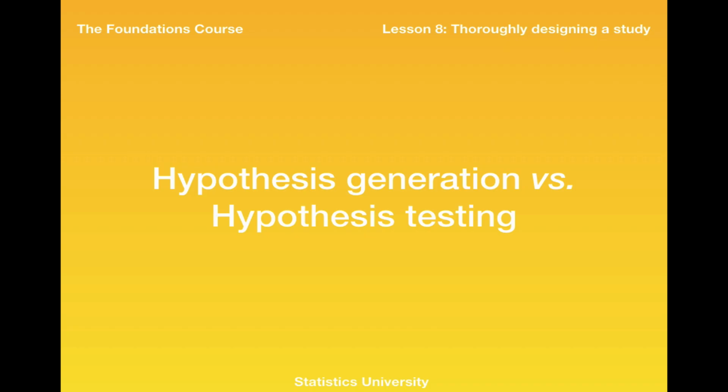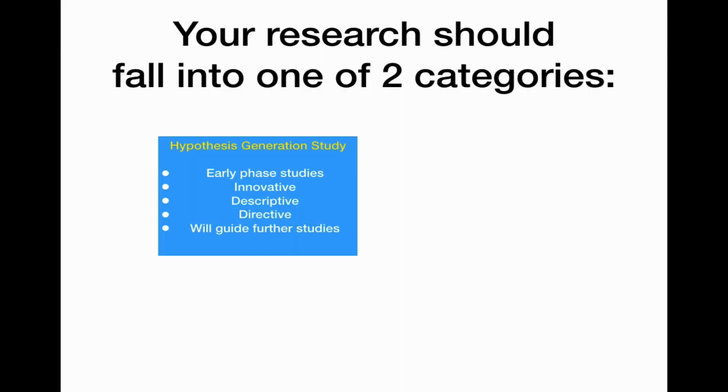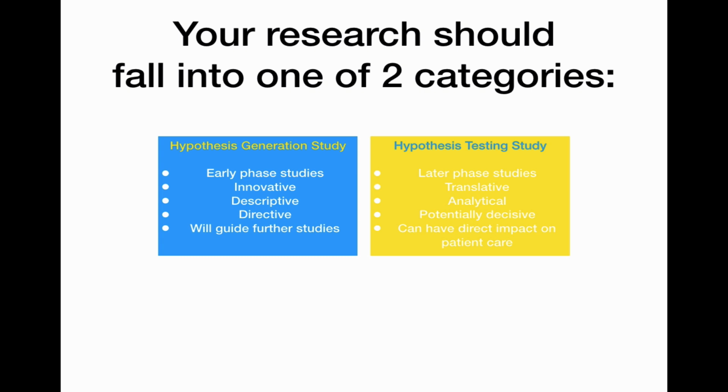You can subdivide your research into two broad categories. You can either perform a study for hypothesis generation, and that's usually true for early phase studies that are very innovative, have a descriptive analysis part, and can be directive for future research endeavors, whereas hypothesis testing studies are usually later phase studies that are translative and have a more analytical basis.